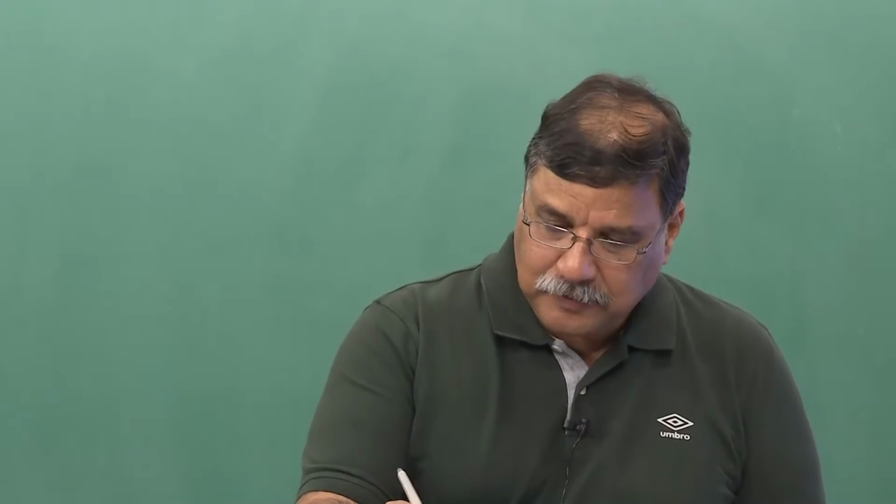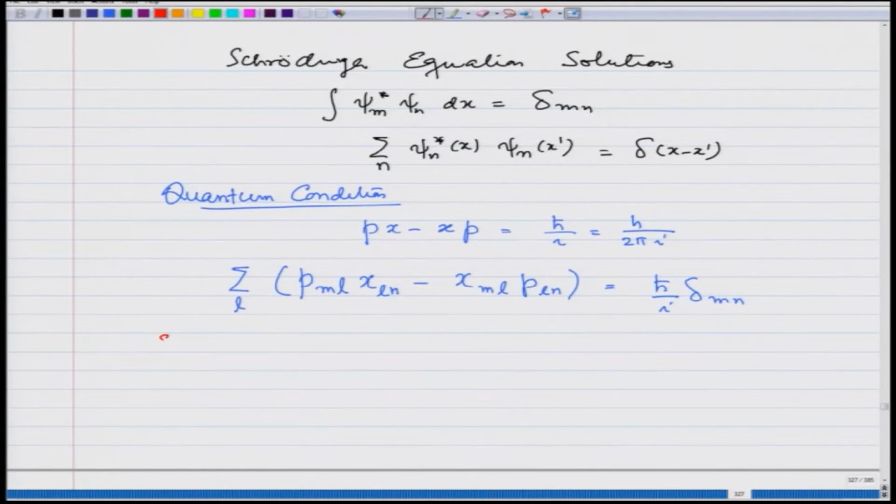So, to get this, first recognize, step 1, that if I take this operation d by dx times x f, some function f, minus x d by dx f, this is equal to f alone.